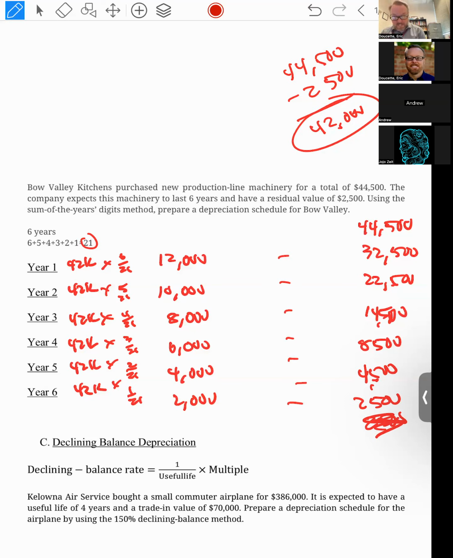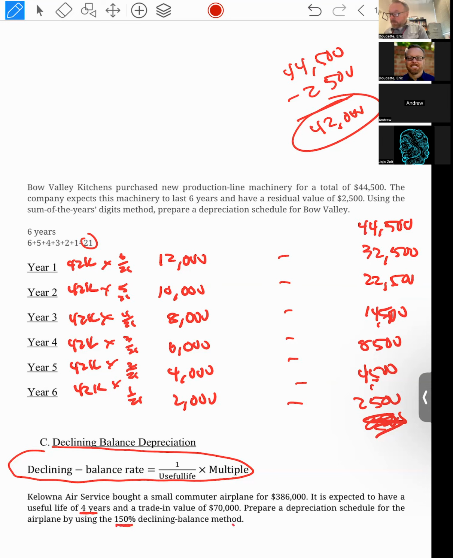All right, the next one is declining balance. So declining balance, you basically use this formula: the declining balance rate equals 1 divided by the useful life times the multiple. So in this case, your useful life is 4 years, and your multiple is 150%.